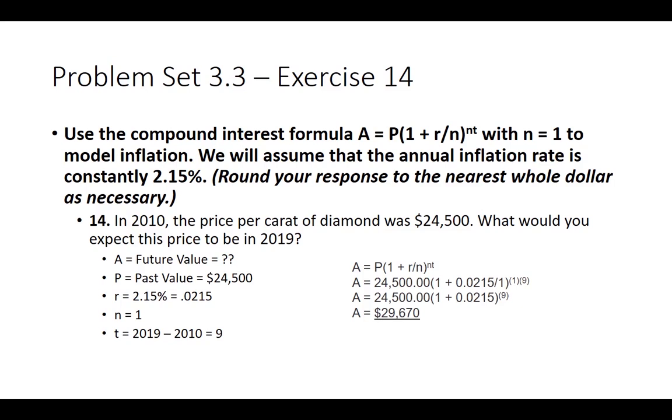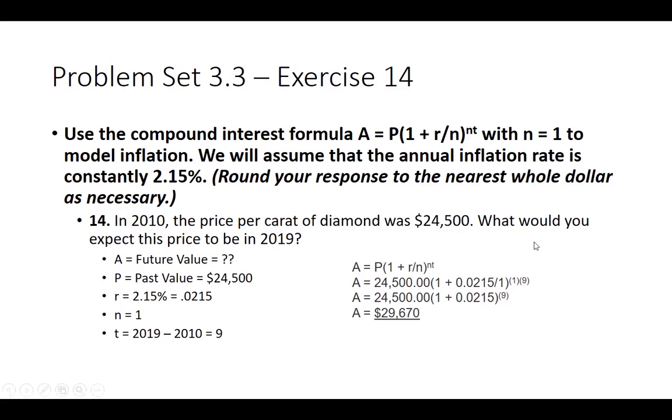P is 24,500. R is 2.15%. As a decimal, 0.0215. N is 1 because inflation is annual interest compounded annually. And to find T, we subtract these years. 2019 minus 2010 gives us a T of 9.